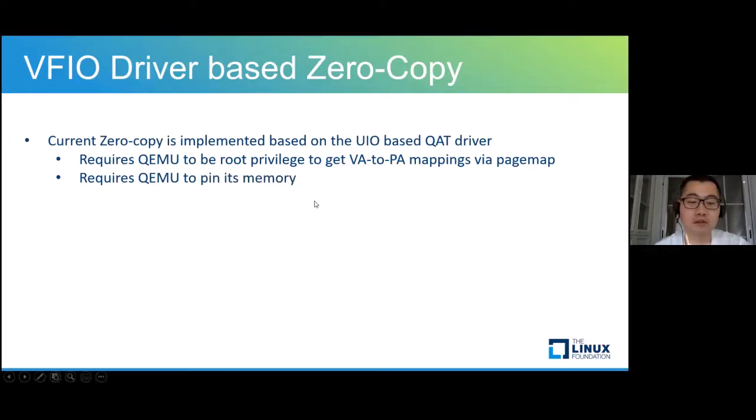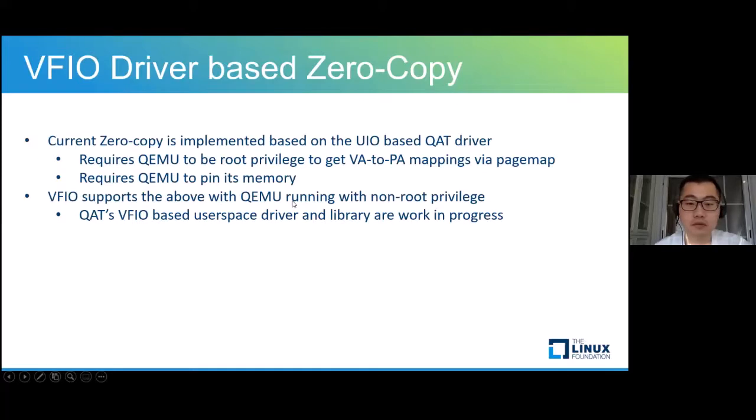And this also requires QEMU to pin its memory. With the VFIO-based driver, we will have the VFIO support to do this. The QAT's VFIO-based user space driver is still work in progress, and we will be able to switch to that later.